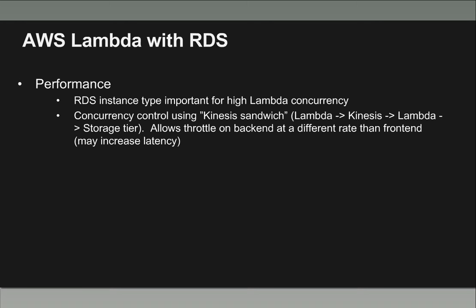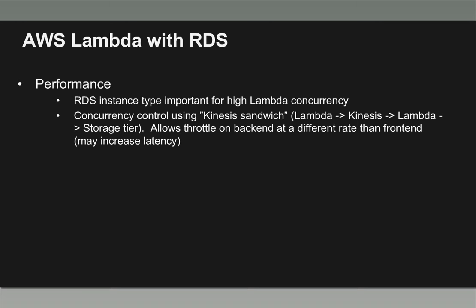For example, if you're invoking thousands, 10,000s of Lambda connections to your RDS database, it's appropriate to configure an appropriate database instance type. For example, if you're configuring 10,000 concurrency, it might not be a good idea to configure, let's say, an RDS T1 instance type, right? So make sure you put in those design aspects when you're configuring Lambda to talk to an RDS instance.